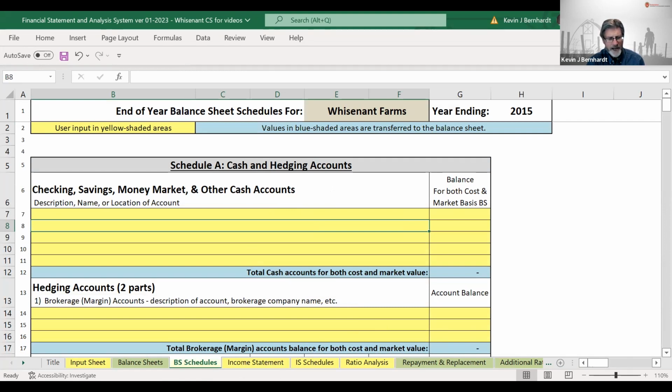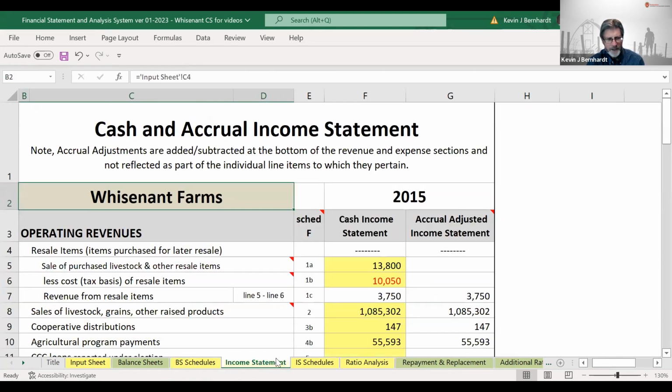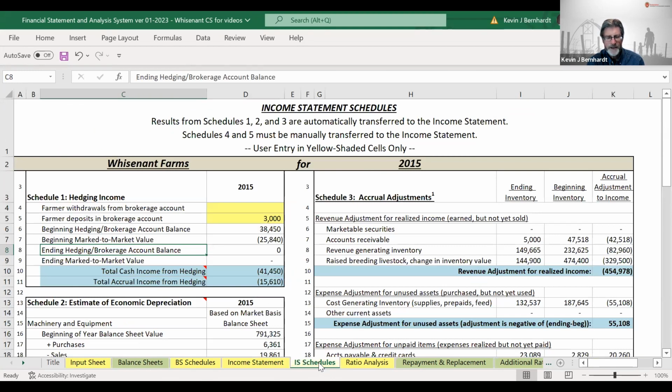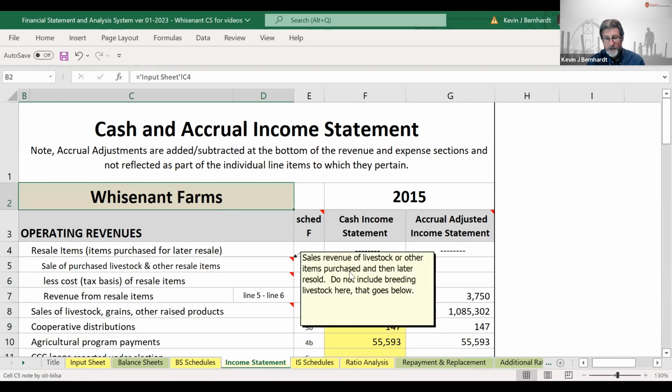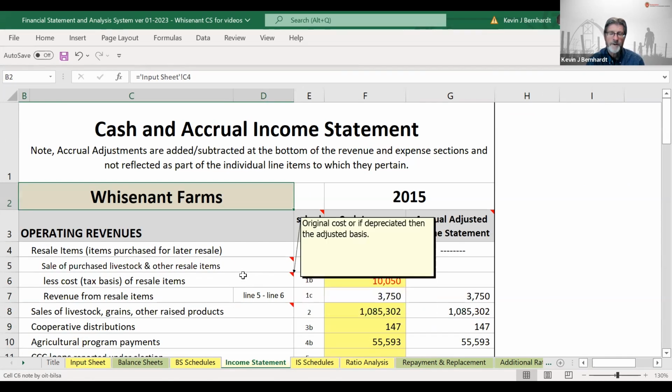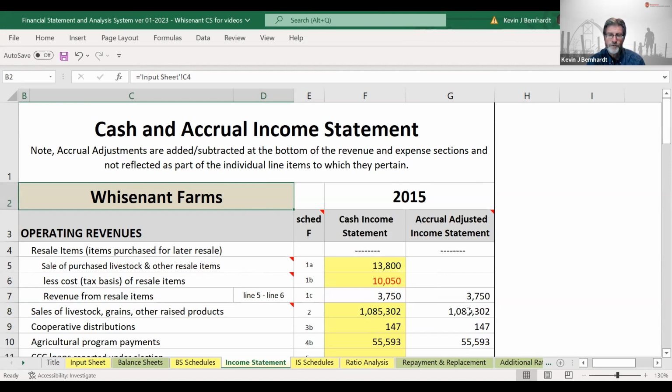The next two tabs are the income statement tab, which is what I've clicked on and is showing on the screen now, and the income statement schedules tab, which is the one next to it. The income statement tab provides the financial statements for a cash income statement and, more importantly, for an accrual adjusted income statement.